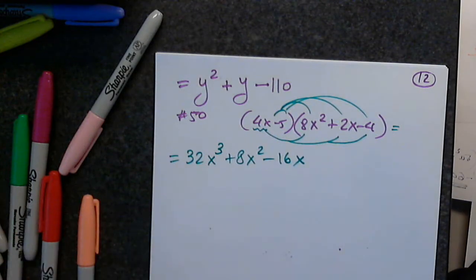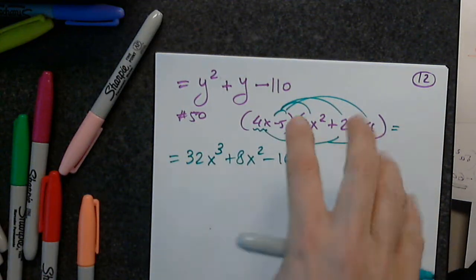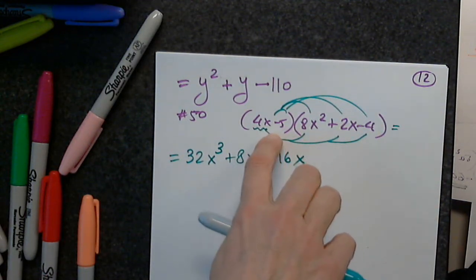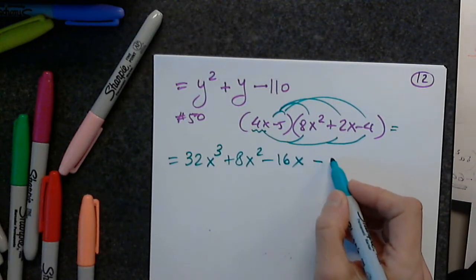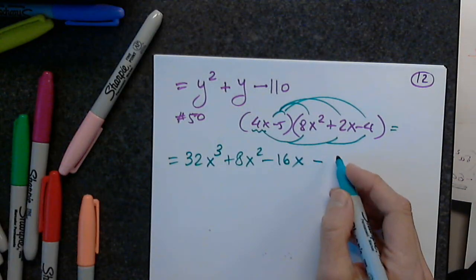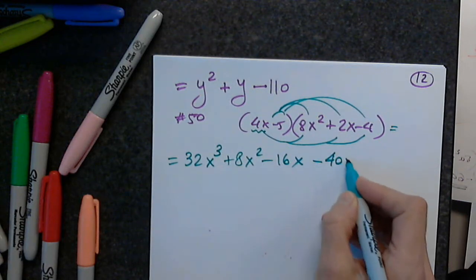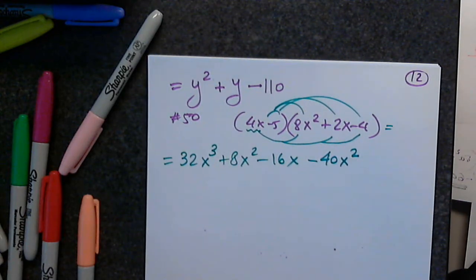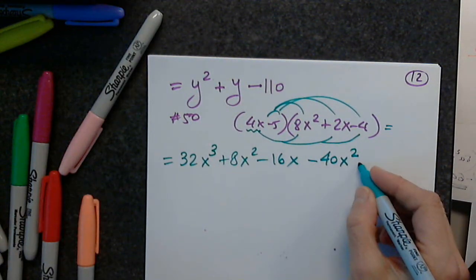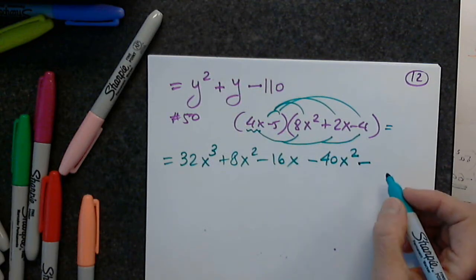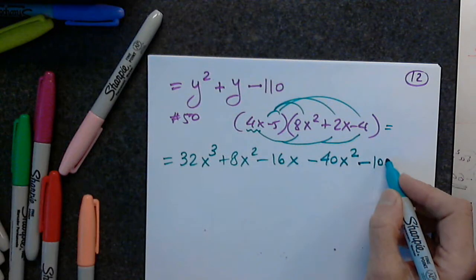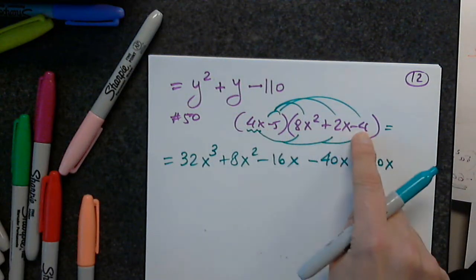I'm done with 4x, correct? I finished distributing 4x to the trinomial. Now I have to come back and distribute negative 5. What do I get? Negative 5 times 4x is negative 20x... and then plus 20. Very good.